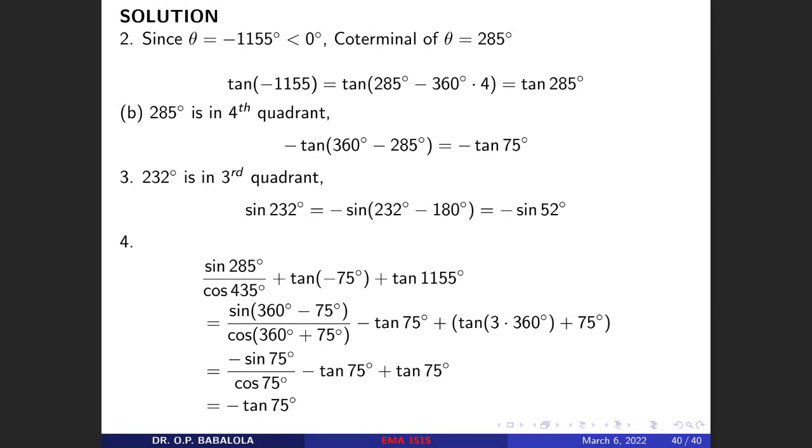Okay, so that's because we are having negative. You're not going to be losing marks because of course I don't really expect you to show your workings for coterminal. That's something you should know. So it's 285 minus 360.